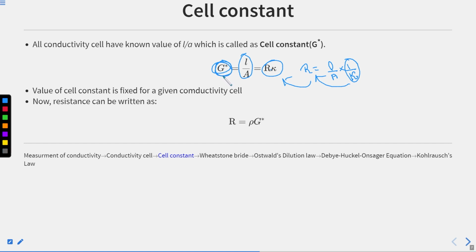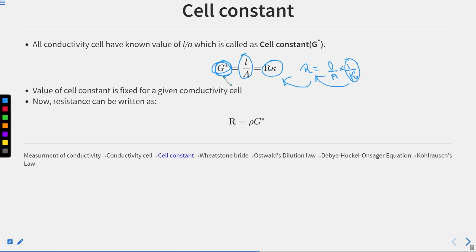Now, one thing to notice here is that if you have seen the previous slide, you must have seen a fixed structure of this electrolyte. Means the length, or you can say the distance between the electrodes, was fixed, and the volume of the conductivity cell was also fixed. So we can say that for a conductivity cell, we have a fixed value of the ratio of L by A, and it is written as G star.